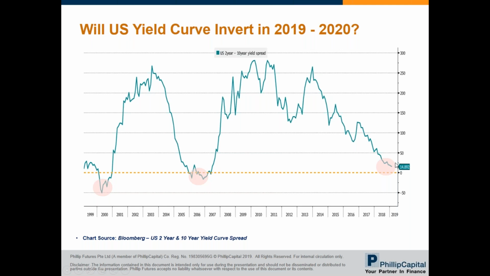The 2-year and 10-year curve has been very, very close to inversion. Once an inversion happens, it will precede a recession by 1 to 2 years. We don't mean that the market will collapse straight away. But if the historical pattern holds true, the yield curve might continue to weaken if the Fed attempts to raise interest rates, maybe sometime in late 2019 or 2020.